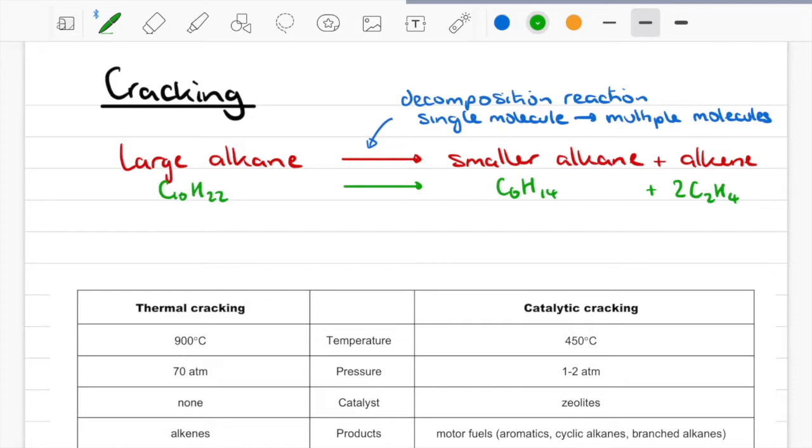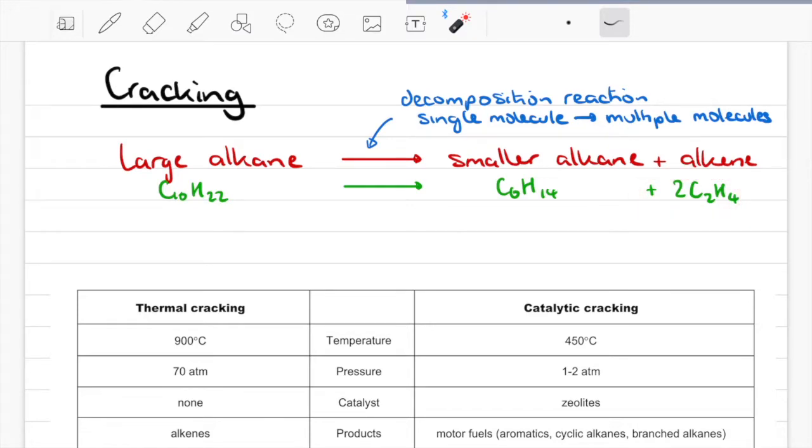One thing that can come up in questions is that they could ask you to complete an equation like this to ensure that it's balanced on both sides. It would really only be a very simple question, in the context of the whole A level, by the end of year 13. But we can see in this example, we've got a large alkane and we're breaking it into a smaller alkane and an alkene.